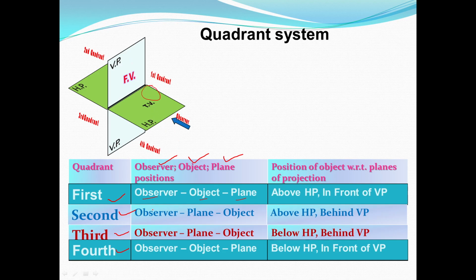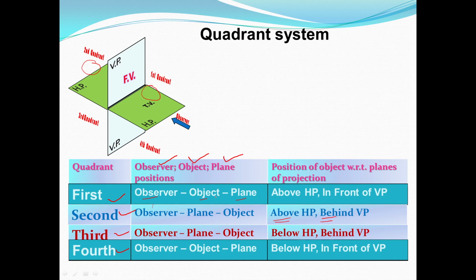Second quadrant: you can see here the object is in the second quadrant, above the HP, behind the VP. This is the observer, this is the plane, and this one is the object.